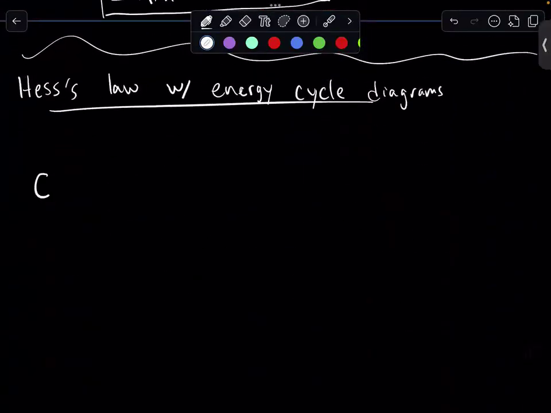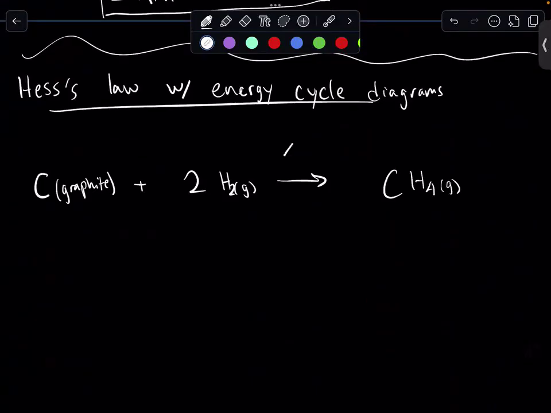So if we have carbon in the form of graphite plus 2 hydrogen as a gas, H2, we can react that to form methane, CH4, also as a gas. And we do not know what this delta H of reaction is.